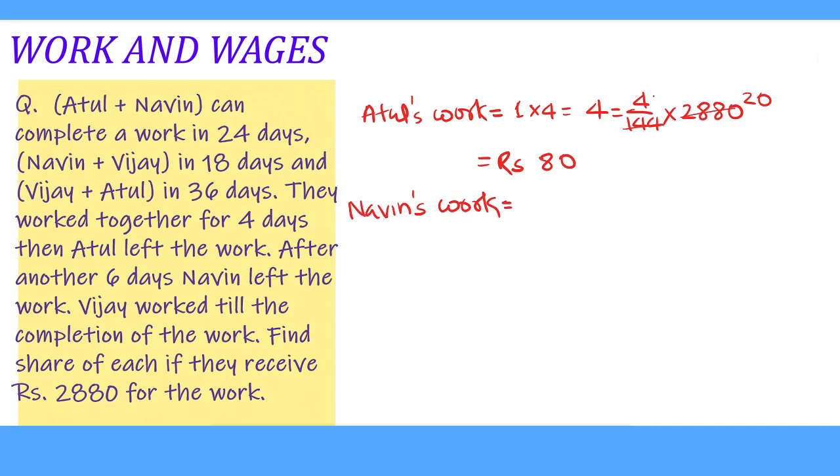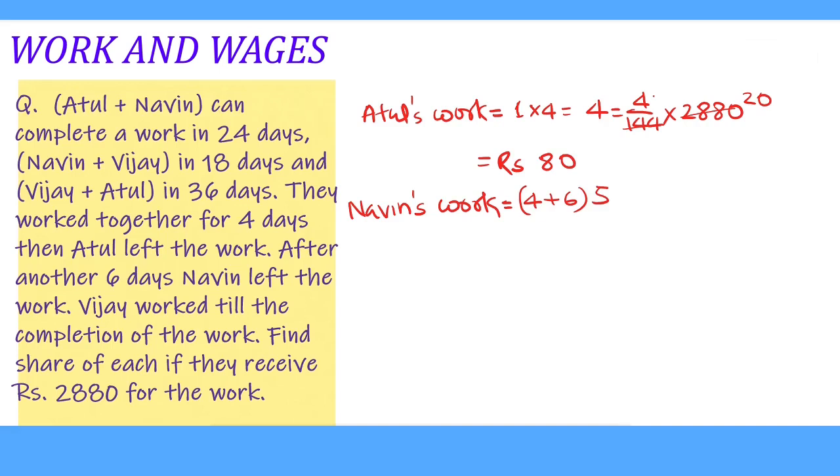Naveen's work: Naveen worked for 4 days along with all and then 6 days along with Vijay. So Naveen's work is 4 days plus 6 days multiplied by his capability of doing work, which is 5 parts every day.